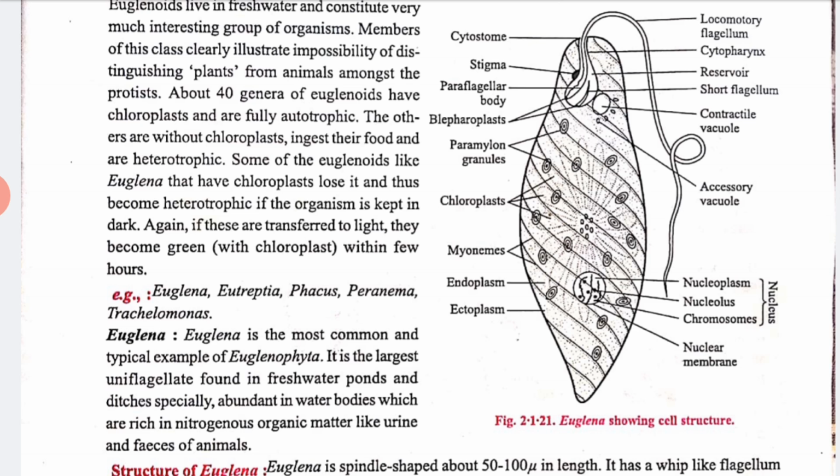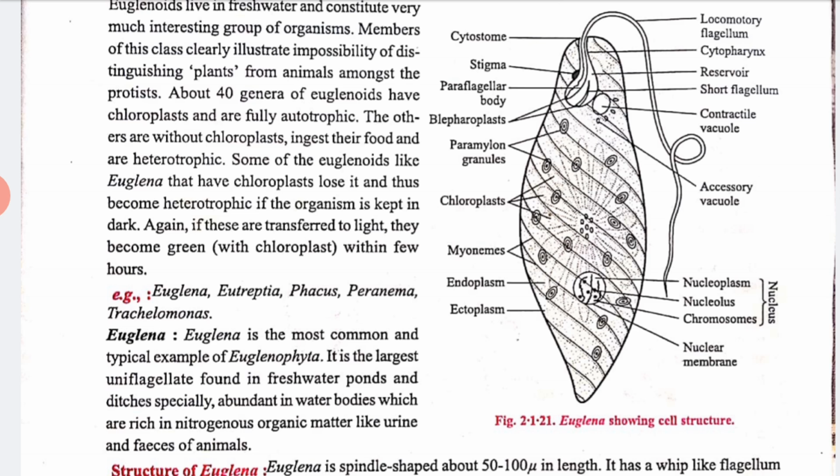Let us talk about the structure of Euglena. As you can see in this figure, Euglena is spindle shaped, about 50 to 100 micrometres in length. It has a whip-like flagellum which emerges by two roots from the bottom of the reservoir. It helps in locomotion.